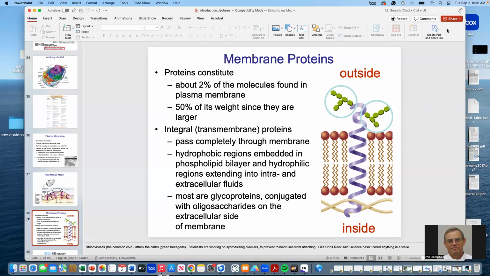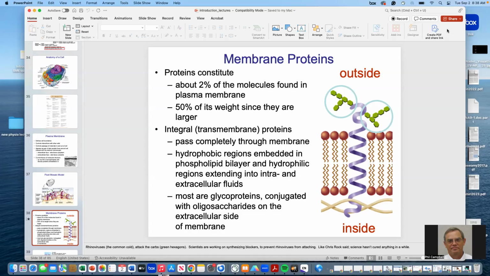So proteins only make up about 2% of the molecules found in the plasma membrane. The overall bulk are your phospholipids. However, because of their larger size and weight, they comprise up to 50% of the plasma membrane. Now, why do we have them?